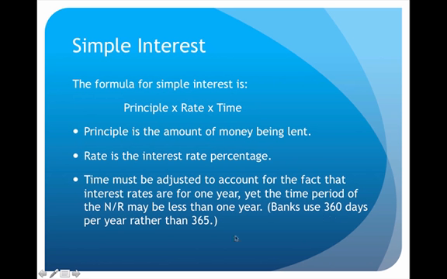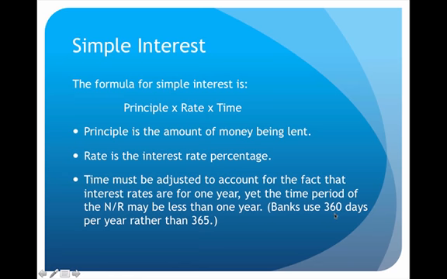Of course we know that there's actually 365 days in a year, but banks use 360 because that way they make a little bit extra. They make a little bit more money on the interest. So in all the interest calculations that we do, unless they specify otherwise, we will always use banker's interest, which is 360.